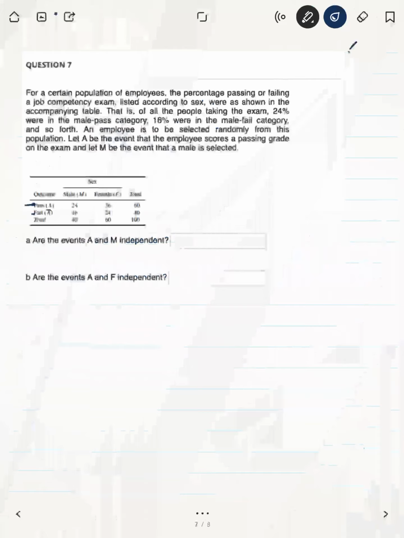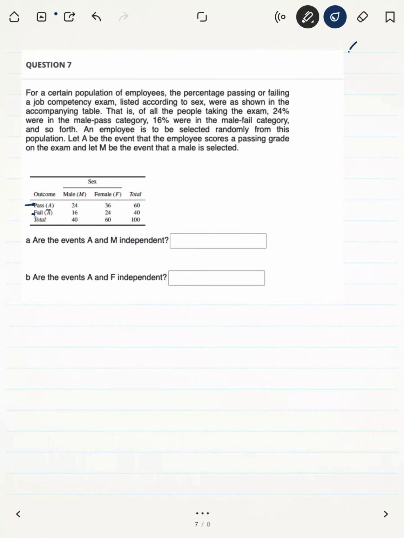Okay, question 7. Again, it's about the contingency table. Here we're not given the probabilities. We have the counts. We have 2 variables, sex and outcomes. We have male, female for the gender, and we have pass or fail for the exam outcome. Now the question is asking, are the events A and M independent?